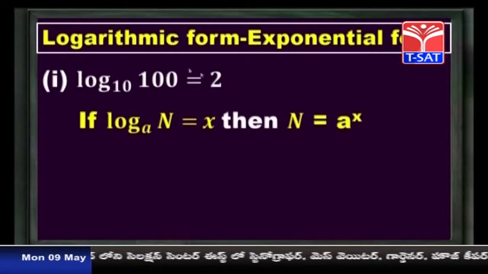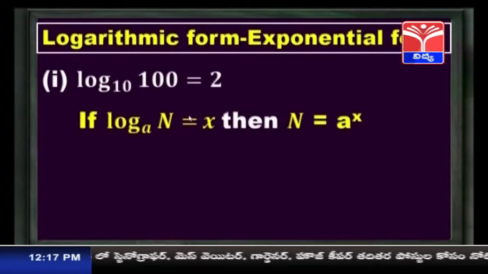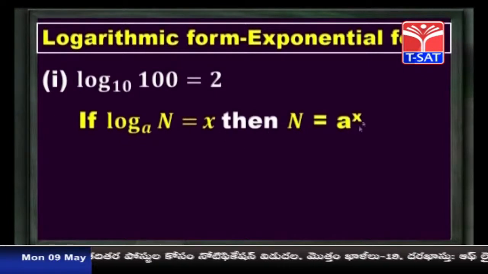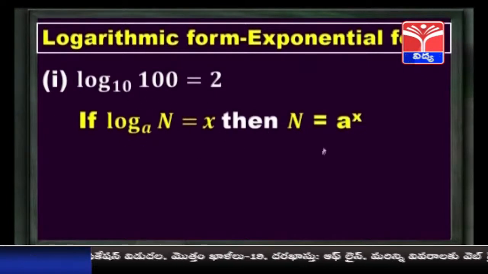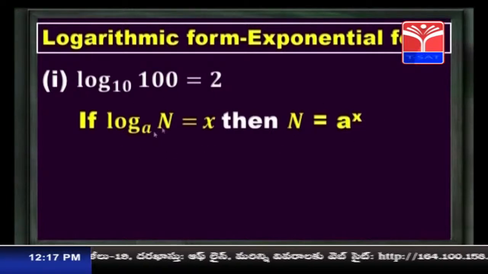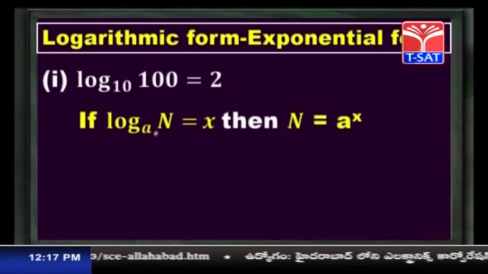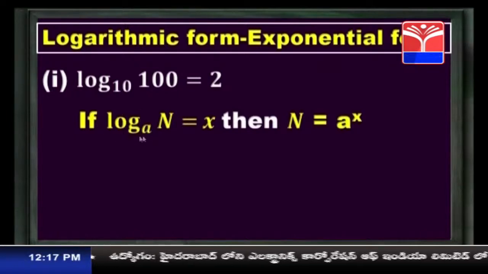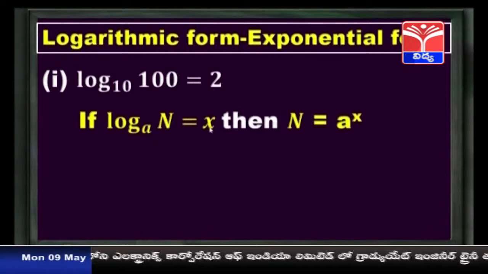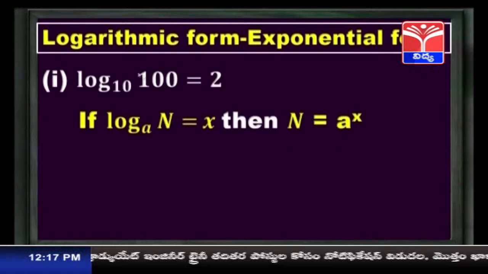This is in the logarithm form. Now if log n to the base a is equal to x, then n is equal to a power x. This is the logarithm form, this is the exponential form. While converting logarithm to exponential form, we are removing the logarithm from here, and whatever base is there becomes the base of a power. So n is equal to a power x.